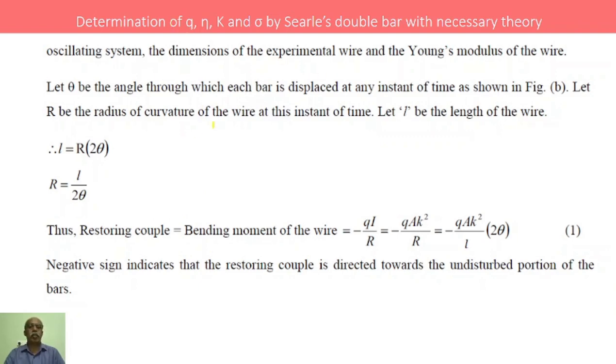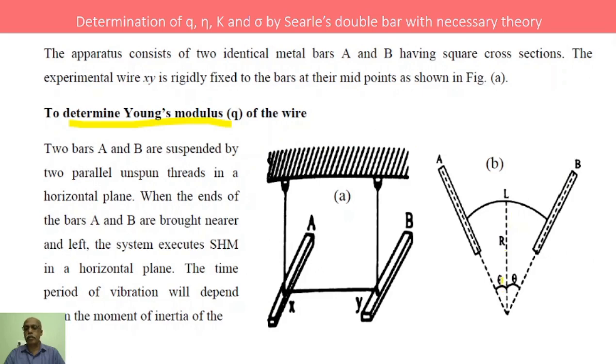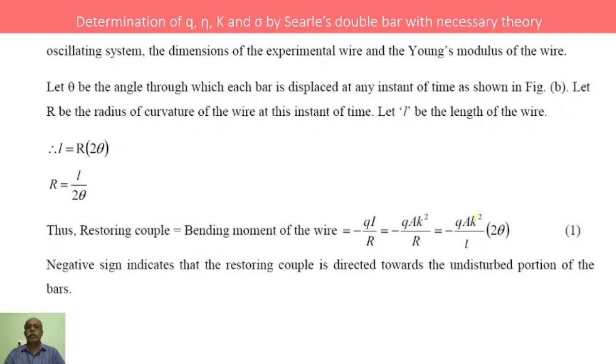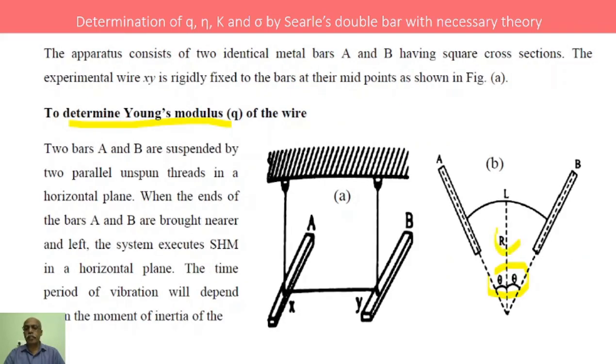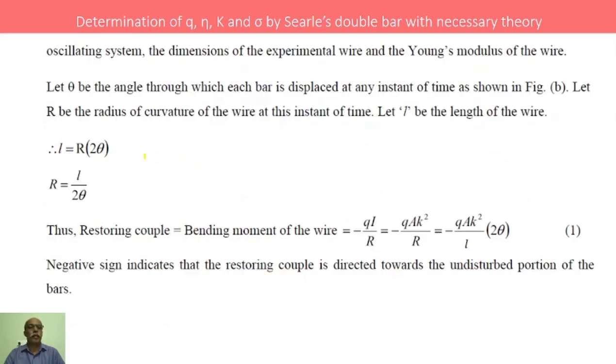Let theta be the angle through which each bar is displaced at any instant of time, as shown in figure B. You can see the thetas here. If R is the radius of curvature of the wire, and L is the length of the wire XY, then L equals R into 2 theta, or R equals L by 2 theta.